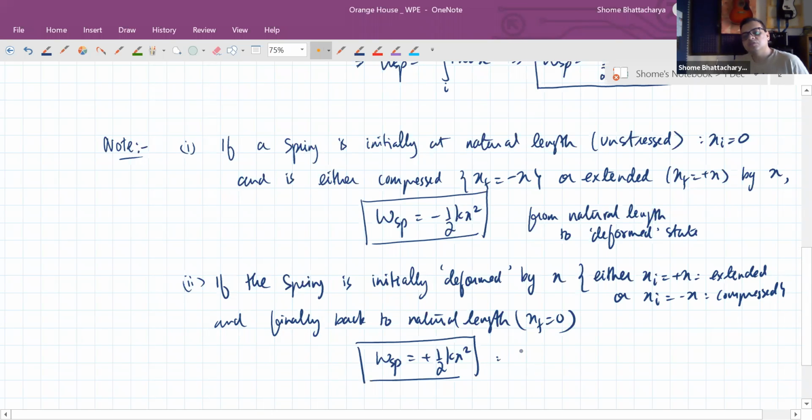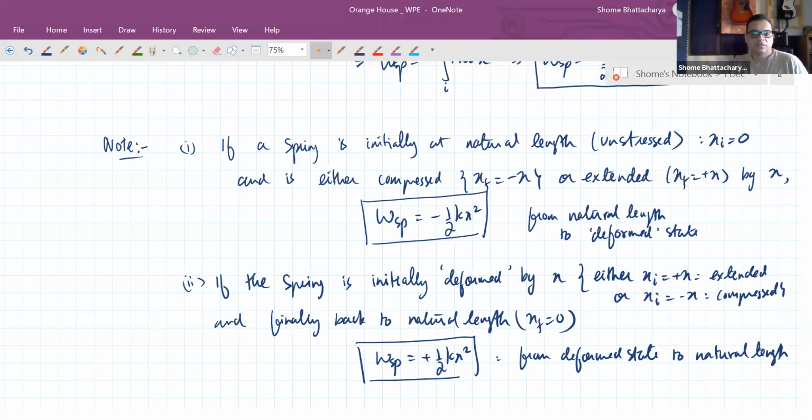So this is when you are going from deformed state to natural length. Whenever a spring is taken from natural length to some deformity, the work done by the spring is negative. And whenever the spring is initially in a stressed state, either compressed or extended, and from there it's coming back to natural length, the spring is doing positive work.